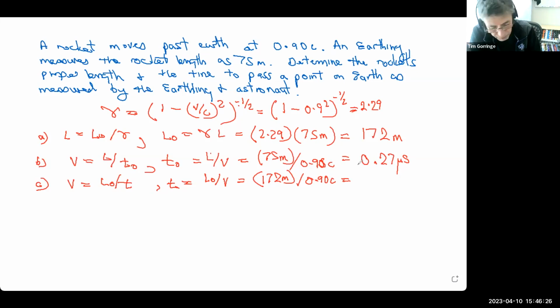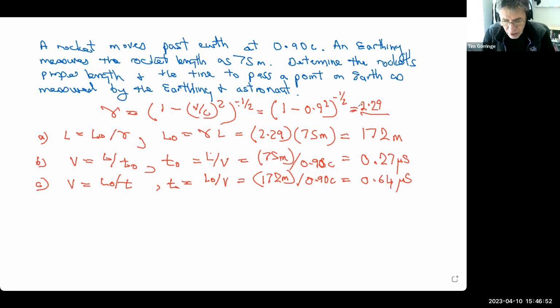And if I divide one number by the other number here, remember I'm filling in 3 times 10 to the 8 meters per second, I get 0.64 microseconds. You see, this time here is more than 2 times longer than the proper time. It's the dilated time. It's been dilated by a factor, again, that is the Lorentz factor.